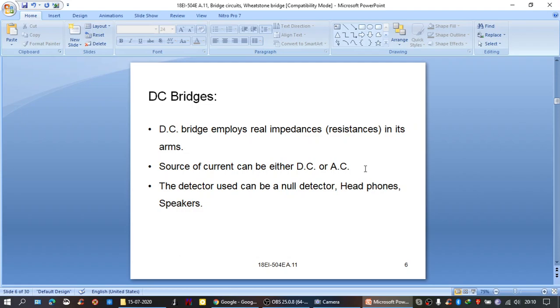The currents flowing through resistances produce proportionate voltages irrespective of the frequency of the AC signal, whether it is 0 or a very high value. So the source of current can be either DC or AC, and the detector used can be a null detector or headphones or speakers.